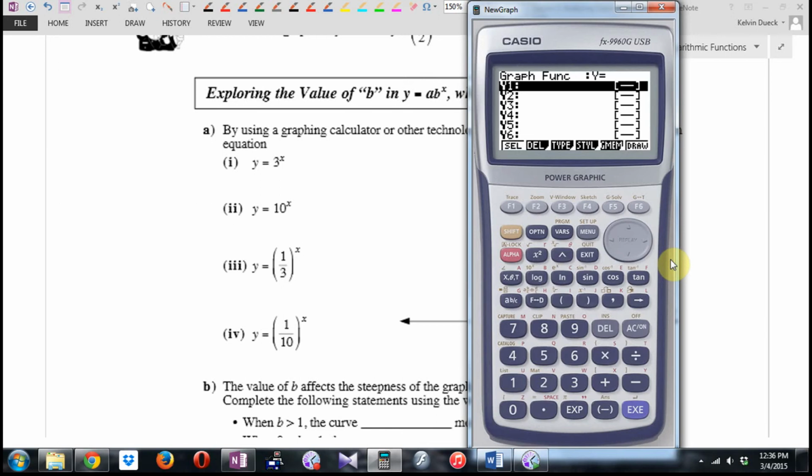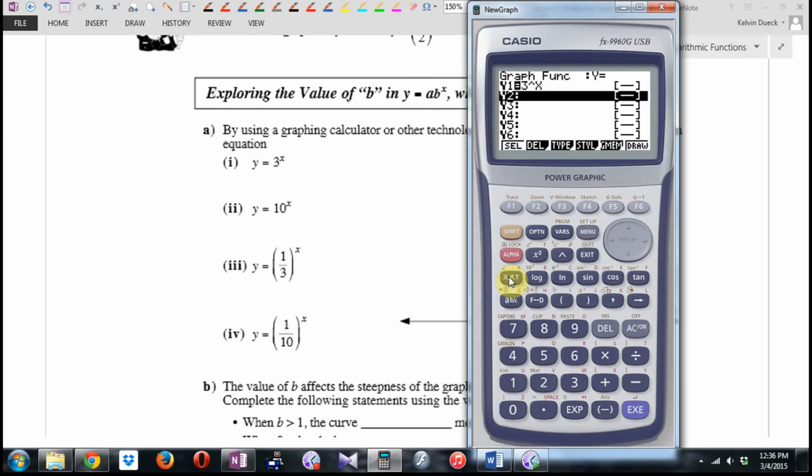And the first graph, graph I, is 3 to the x. 3 to the power x. Yes, we're on our graphing calculators, Brianna. Got to stay with us. So delete whatever equations you have there, hit enter to store it, and graph it.